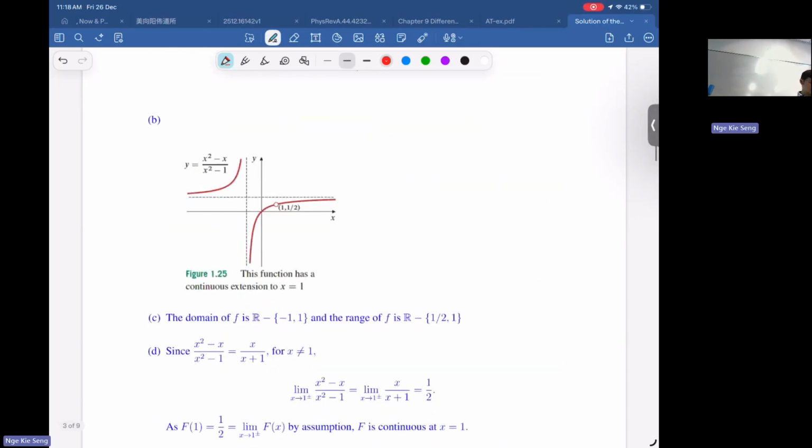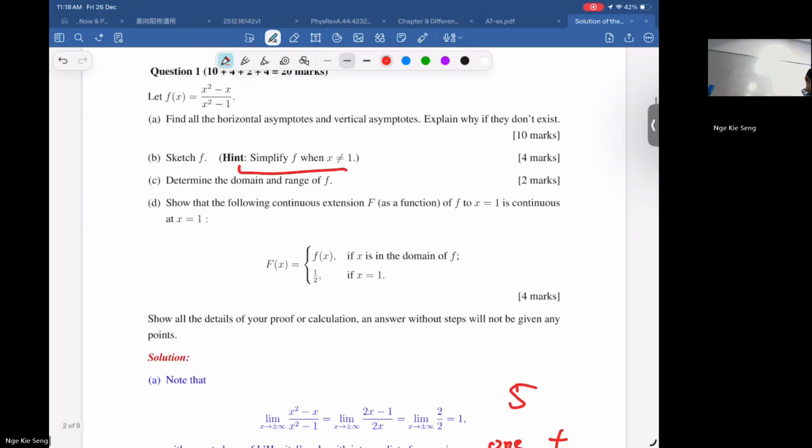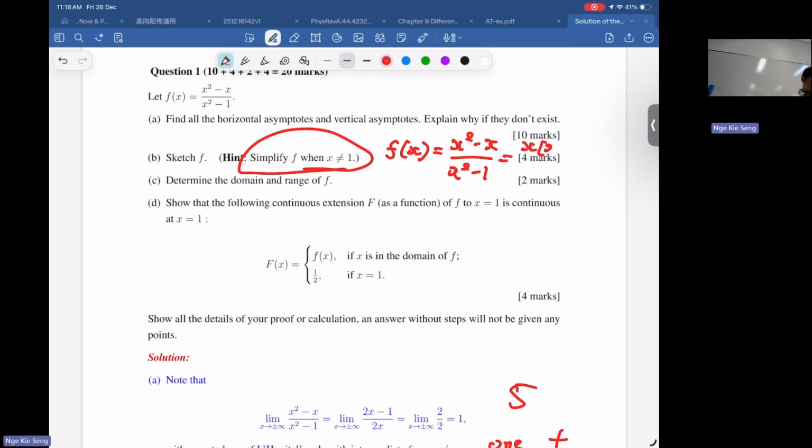B, sketch. If you follow the hint here, you should simplify your x squared over x squared minus 1 to x times x minus 1 over x plus 1 times x minus 1. So the basic shape should be x over x plus 1.